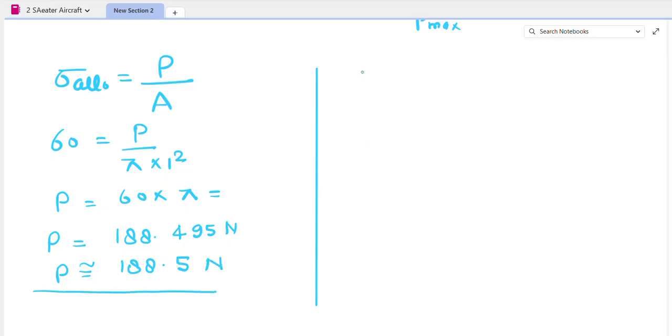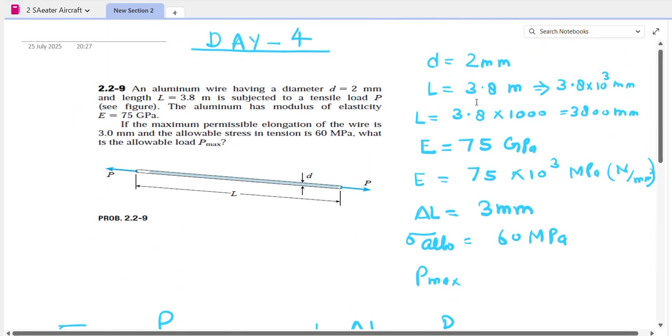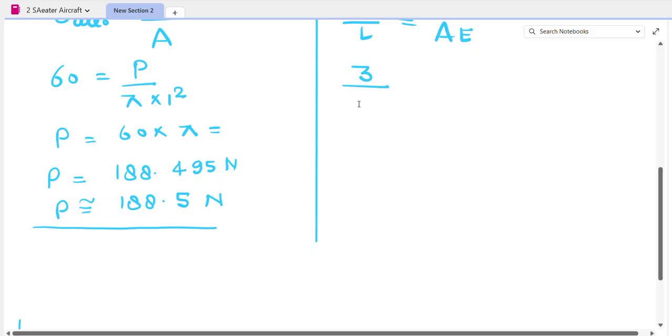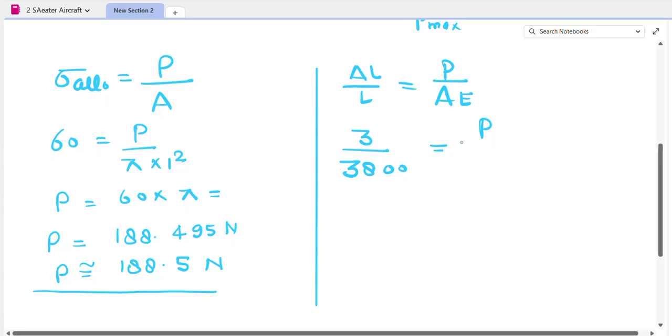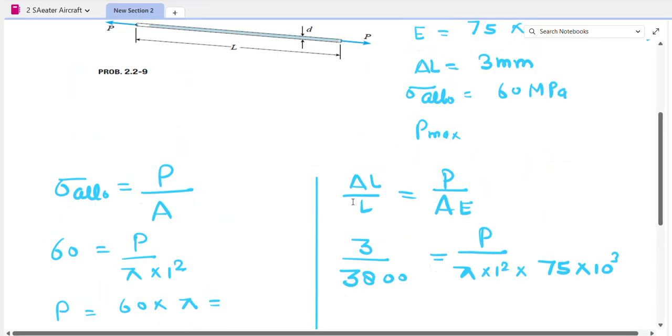Now the second case: delta L by L is P by AE. Delta L we know, it is 3. Length we know, it is 3800. P I don't know. The area is the same, pi into 1 square. E is 75 into 10 to the power 3.